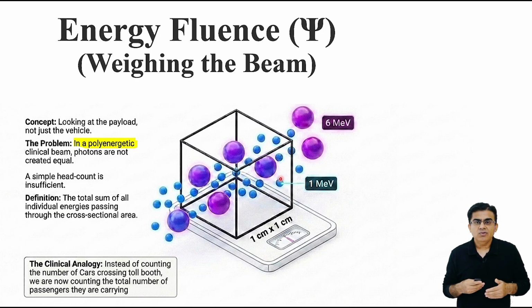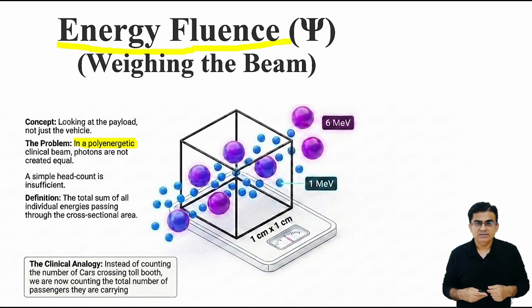If we truly want to find out the energy a particular X-ray photon beam is carrying, just counting the total number of photons is not enough. A simple count will never tell us the true biological dose delivered to the tumor. This brings us to our next important metric called energy fluence.